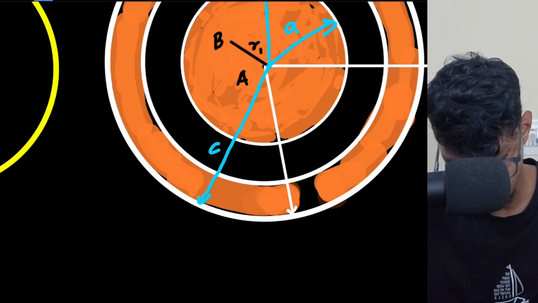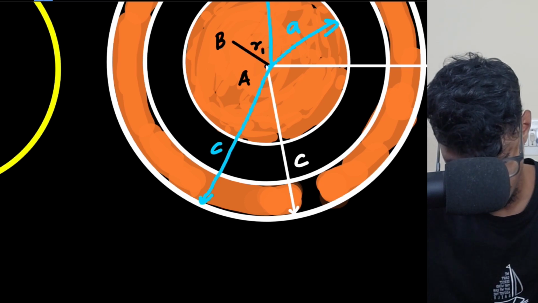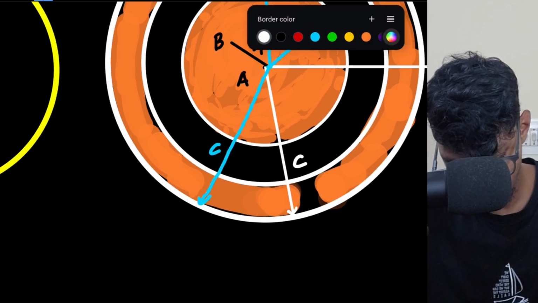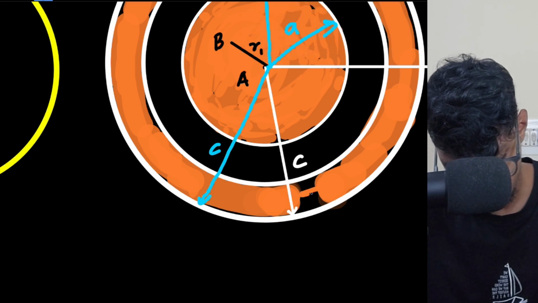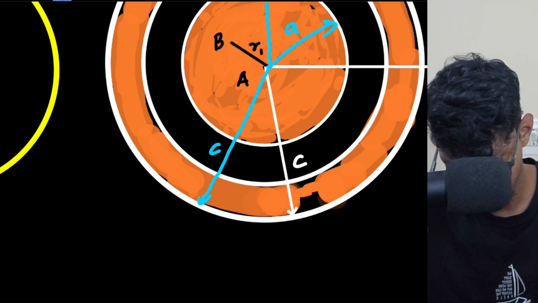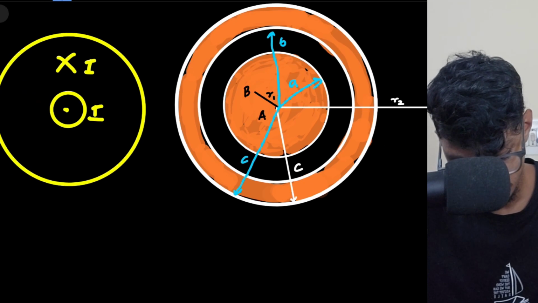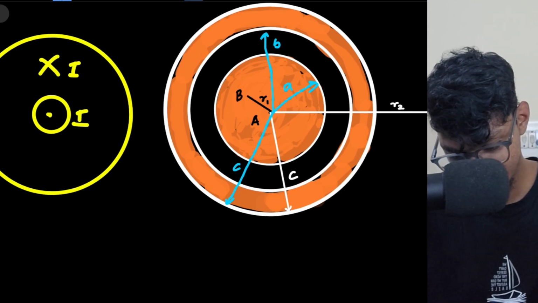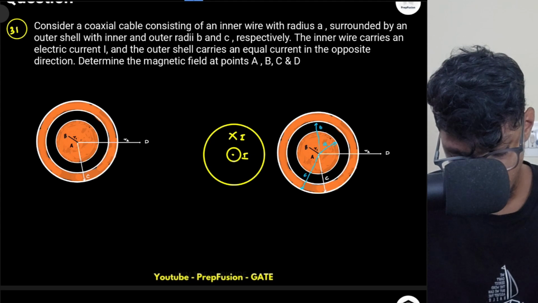The C actually is present over here, at a distance C. So this C is at a distance C from this particular point.